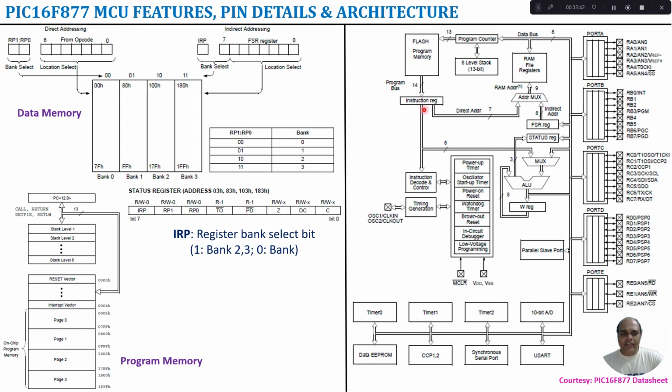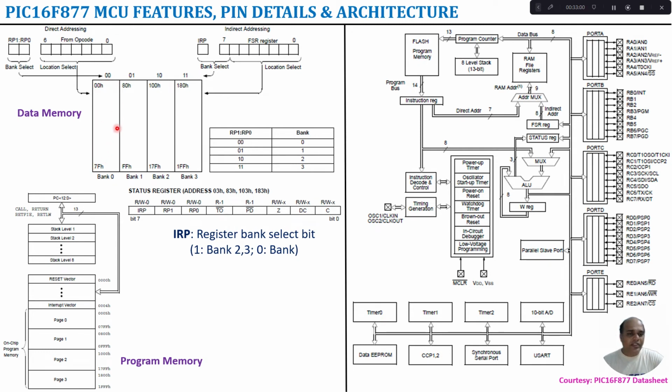In that case, a 7-bit address is provided in the instruction, which represents the location in a particular bank. For example, in bank 0, my data can be in any location from 00 to 7F.